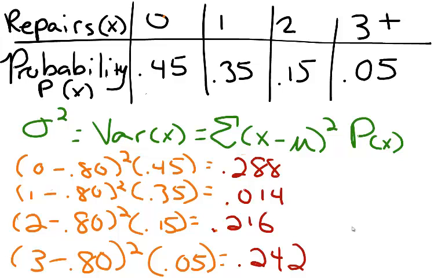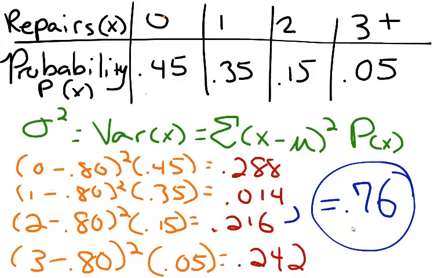Now we sum the results. 0.288 plus 0.014 plus 0.216 plus 0.242 is equal to 0.76. This is our variance.